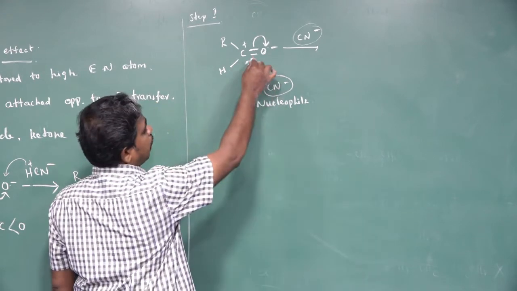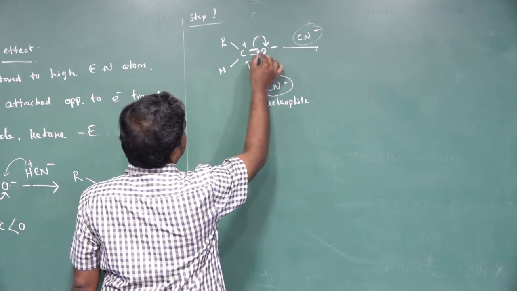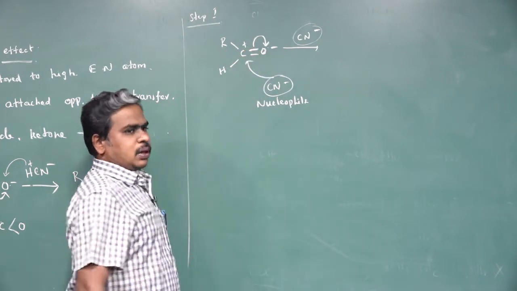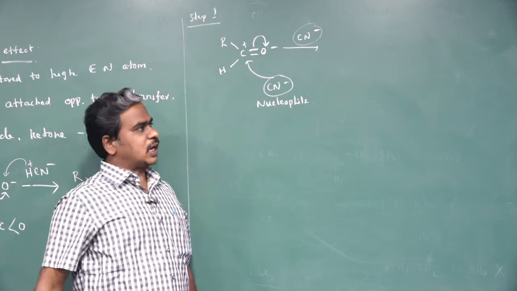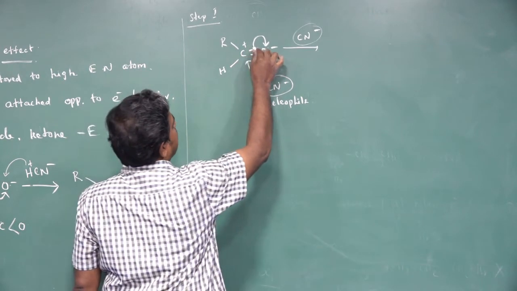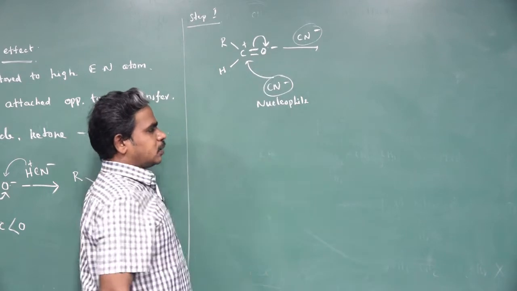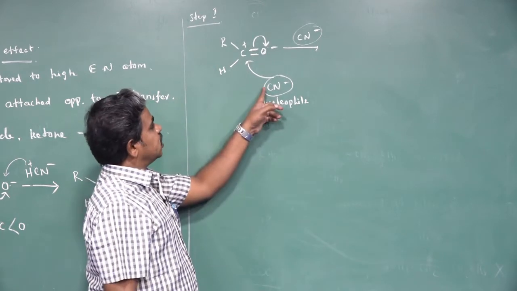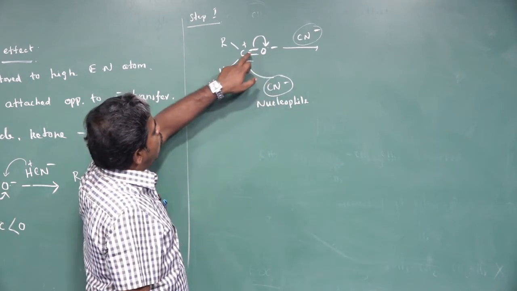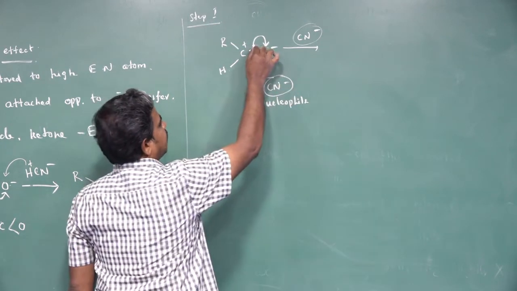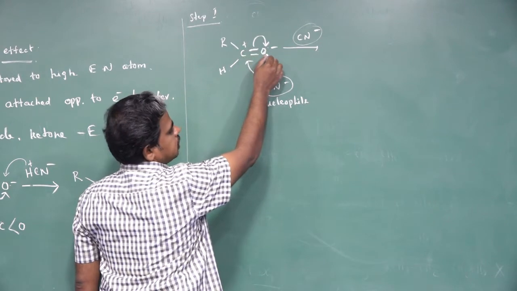And here we may take the negative electromeric effect. What is that negative electromeric effect? Here an organic compound contains a double bond with the highest electronegative atom. Now the pi electron transfers to the highest electronegative atom, and the reagent is attached opposite to electron transfer. Here the electron transfers from carbon to oxygen.